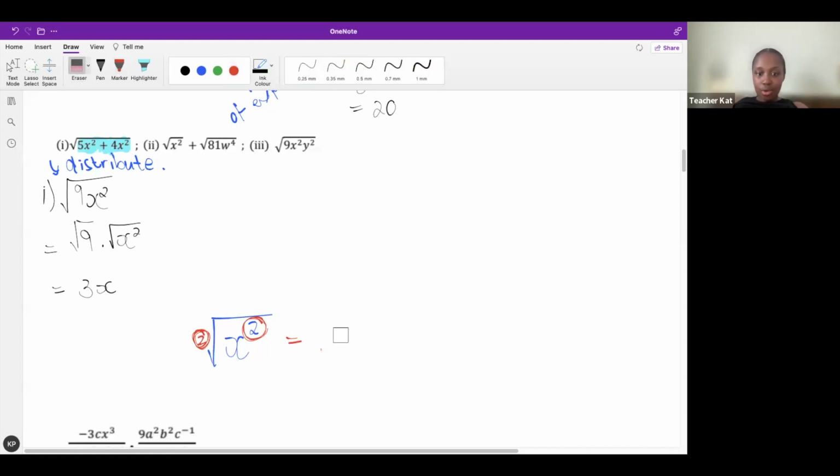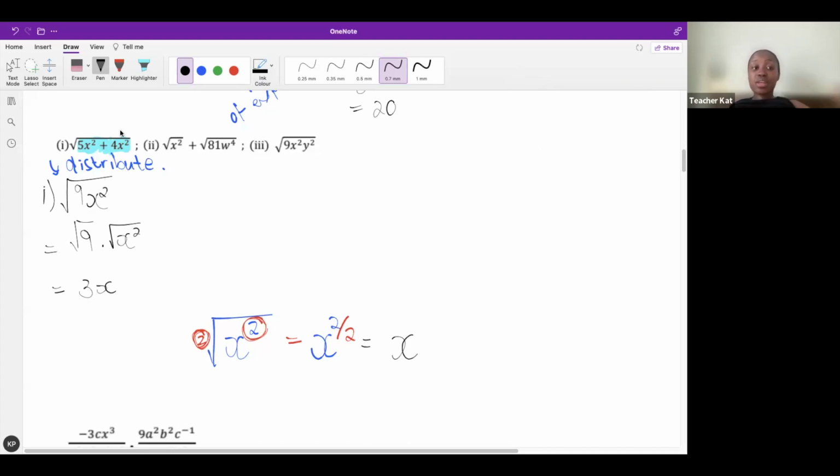Maybe I should keep the color code so that you know which 2 comes where. So we have x to the power of 2, which was the original one. And we're going to go ahead and divide it by the 2 that was outside. So what's 2 divided by 2? Then it's just going to give us an x. Do you see, Seth? Hopefully, I've just made it clearer for you.